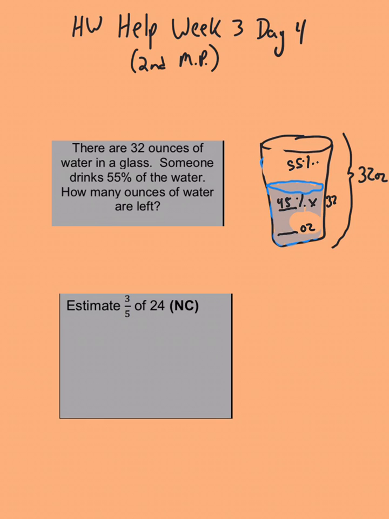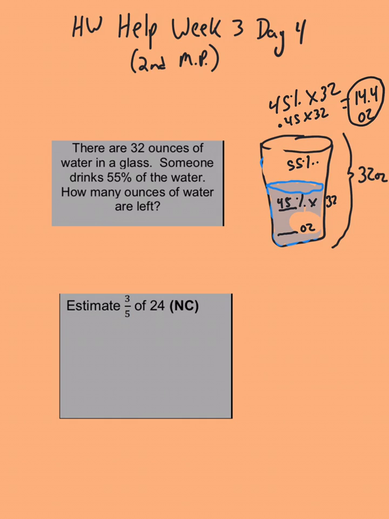There's 45% of the water left. 45% times 32 ounces, or 0.45 times 32, guess what you're going to get? You're going to get your answer of 14.4 ounces left. All right, it's your choice. If that way confuses you, you can do it the first way, but I hope that helped you with that one.